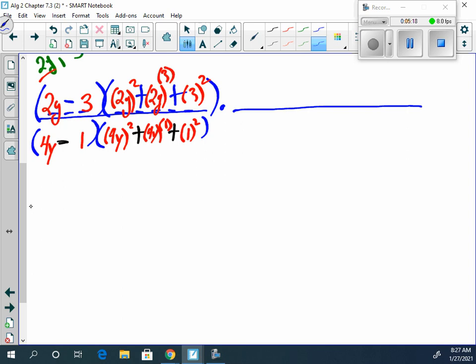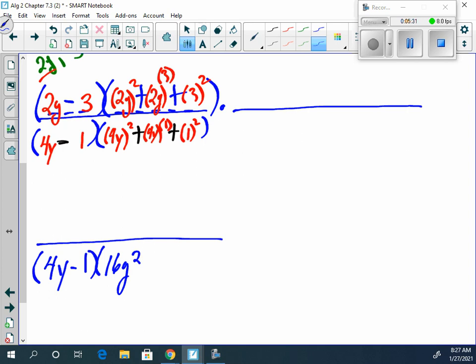Now, I'm going to go on and rewrite this bottom fraction here. 4y squared is what? 4 squared is 16, yes? 16y squared. 4y times 1 would be plus 4y, and 1 squared is 1. So the quadratic part, we know won't factor, correct? It's 16y squared plus 4y plus 1.